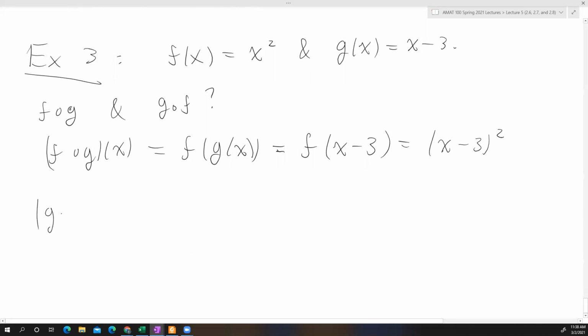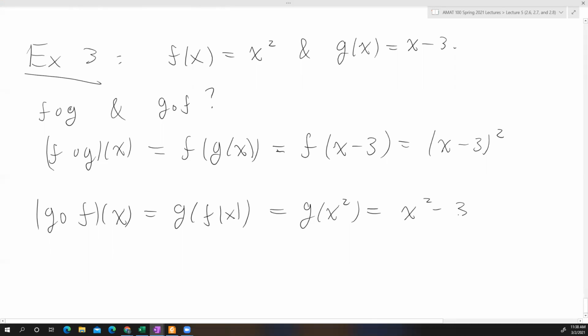And then g compose f at x is equal to g of f of x. Well, f of x is x squared, and g of x is x minus 3. So wherever I see an x, I just replace that by x squared. So that'll be x squared minus 3.